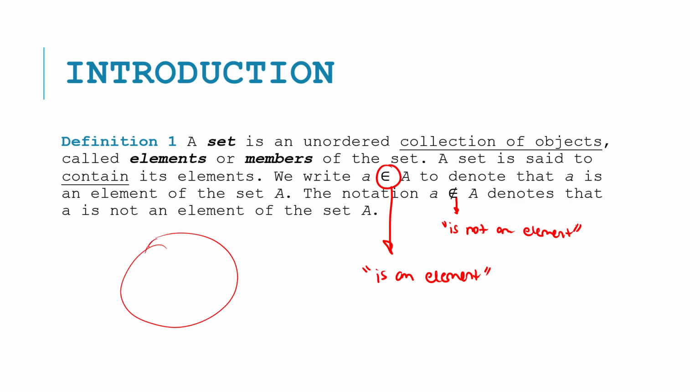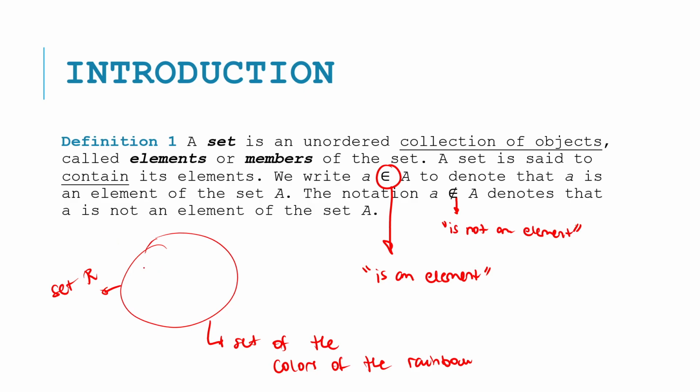of objects, right? So let's say we have here a set of the colors of the rainbow, for example. So this circle here or this set here, let us call this set R for rainbow. So set R would be a collection of objects, and these objects or elements are the colors of the rainbow.